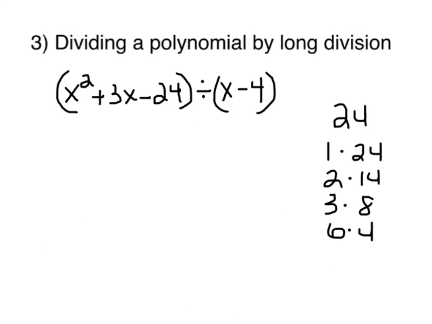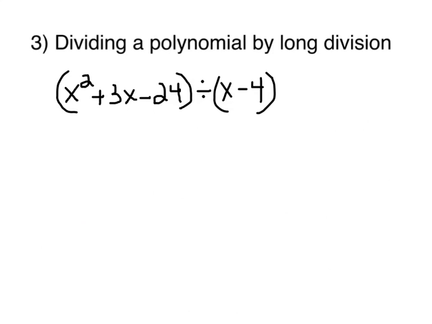And none of these subtract to give us a positive 3. So what we'll have to do is long division. Let's get rid of all of the factors of 24, and then we'll set up our long division.